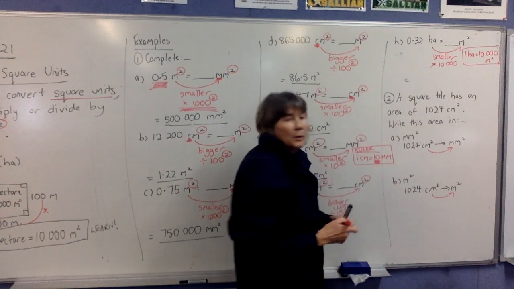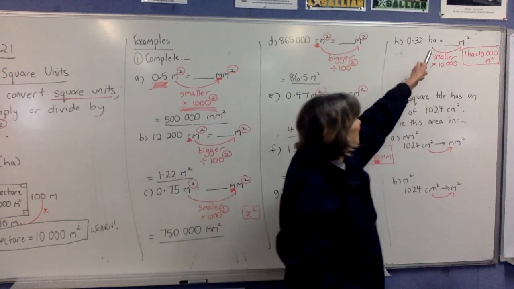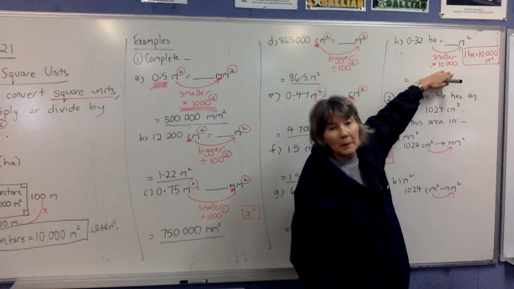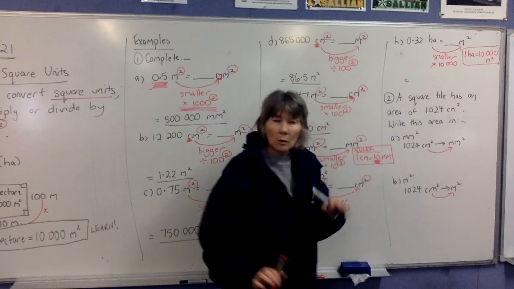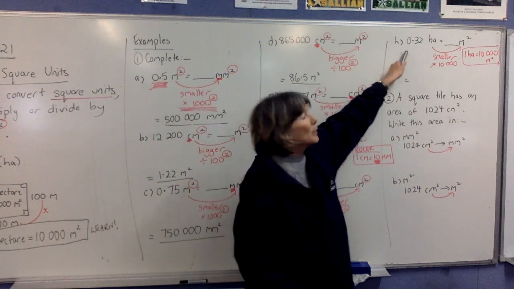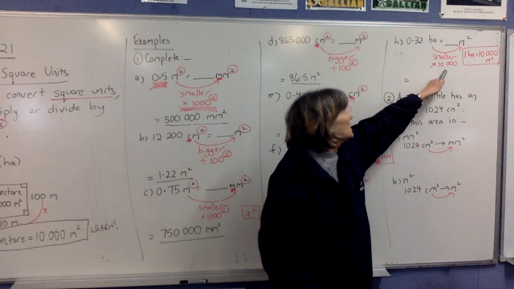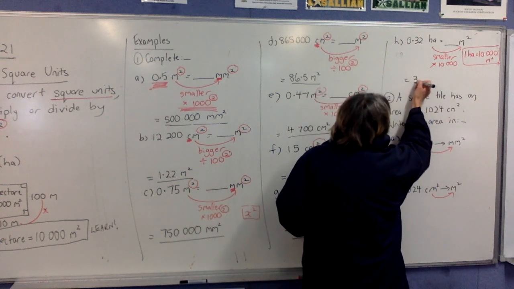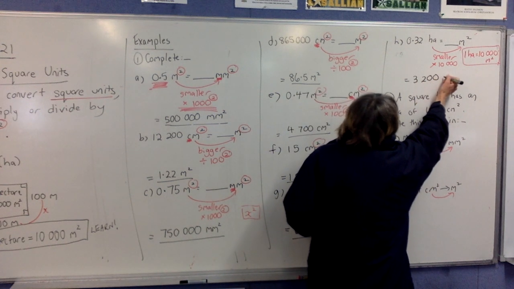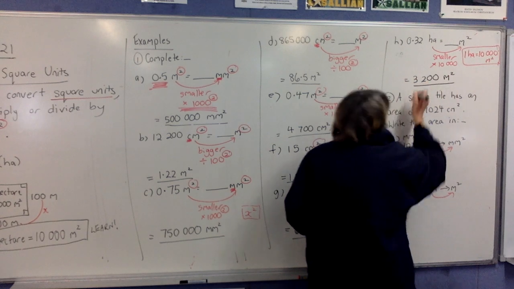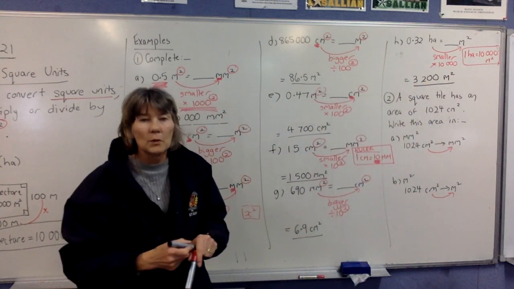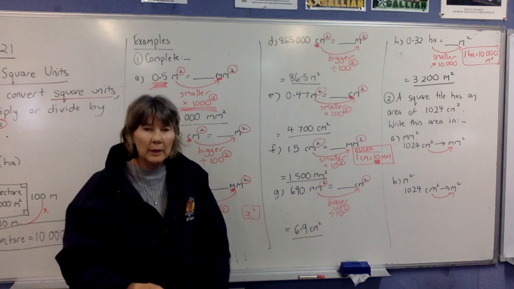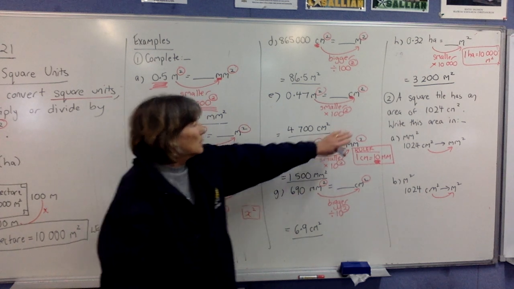Now, you don't need to put any squared on that because the squared has to be on both of these and it's not. So we're just going to multiply by 10,000 this time. So all you're typing in your calculator is 0.32 times 10,000. And if you do that, you'll get 3,200 metres squared.